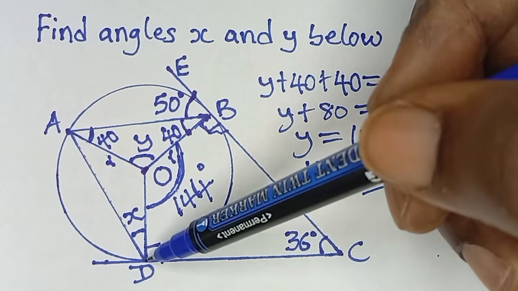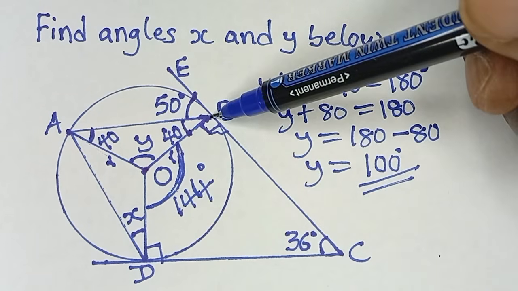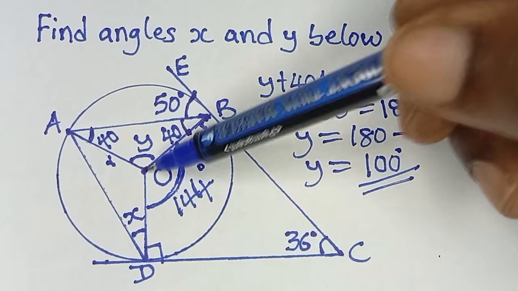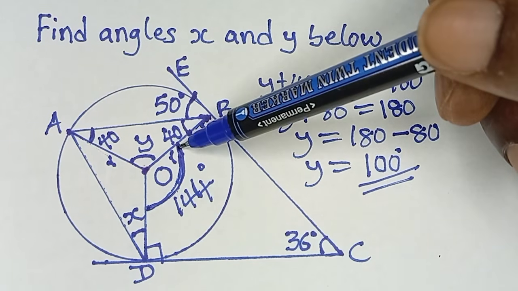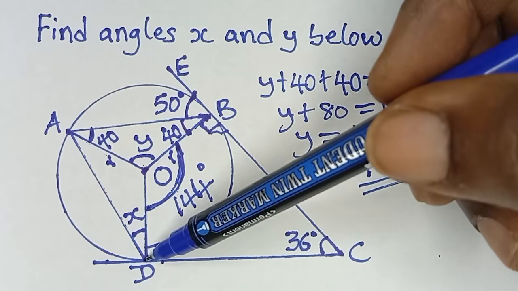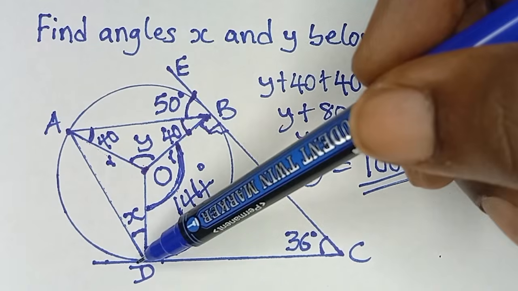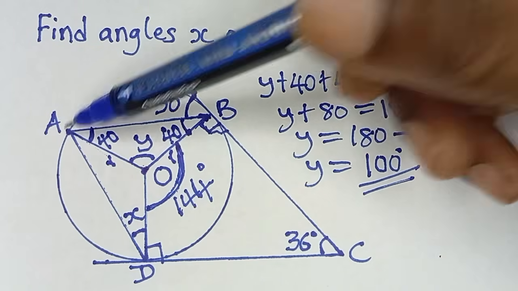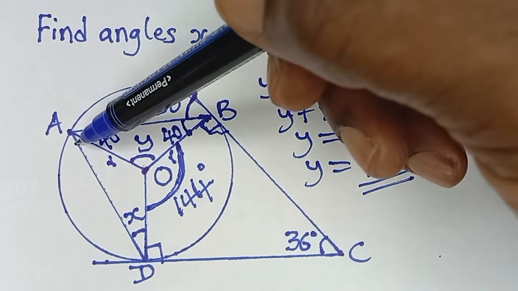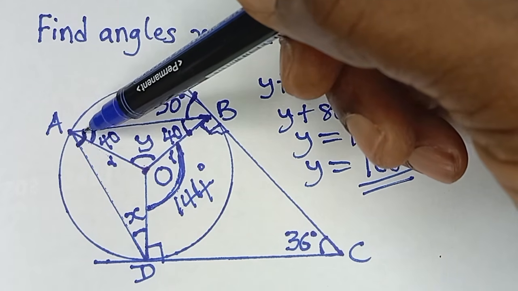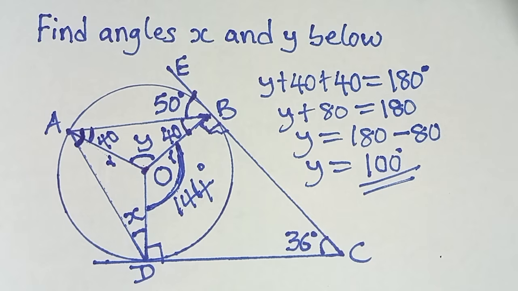This is point D and this is point B. So I have these two lines going to the center, and they both make angle 144 at the center. From the same points D and B, these two lines go to the circumference of the circle. Together, these two lines make the full angle here at the circumference.